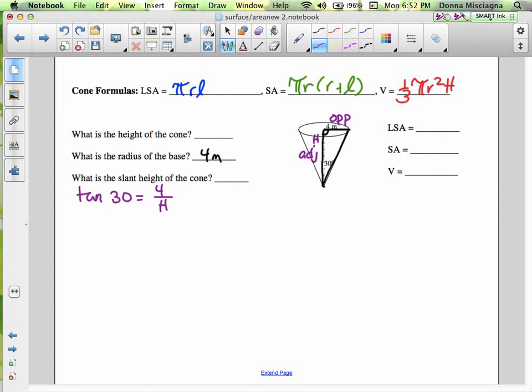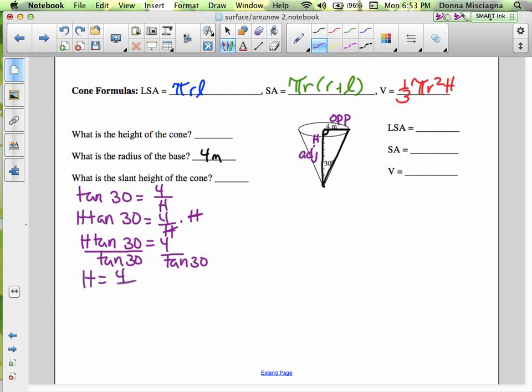We need to get the h out of the denominator, so we multiply both sides by h. That'll cancel. Now we have h times tangent 30 equals 4. Now we need to isolate h, so we divide both sides by tangent 30. So h is equal to 4 divided by tangent 30.